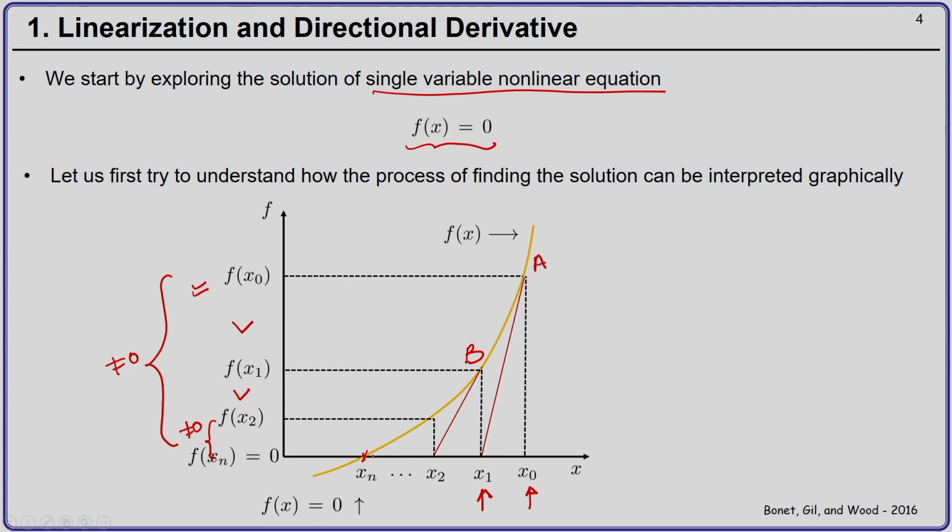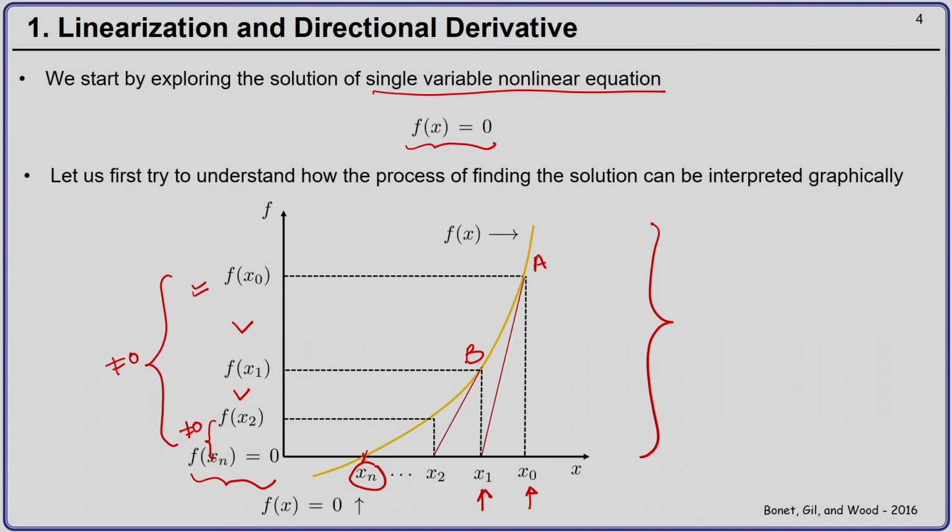At, say, the nth step we reach the solution where f of x n is equal to 0. As soon as we reach f of x n equal to 0, we know that x n is our solution. So, this graphical illustration shows how the Newton-Raphson procedure actually works.